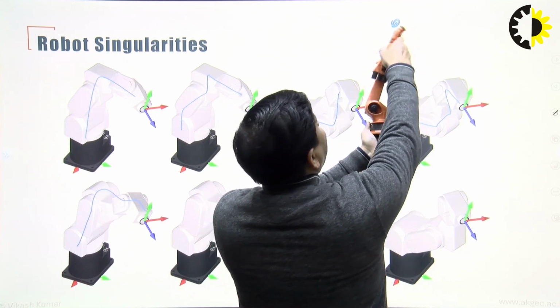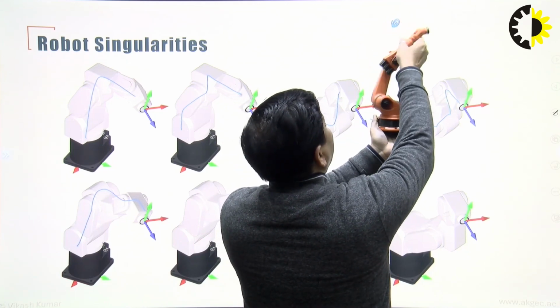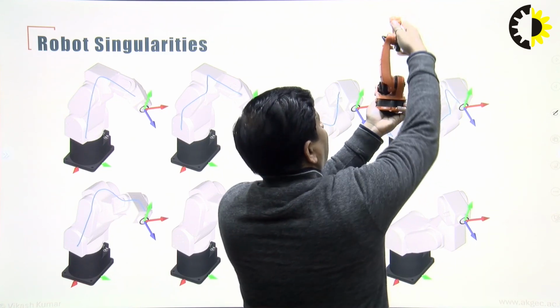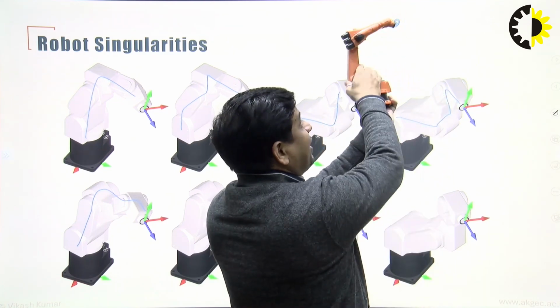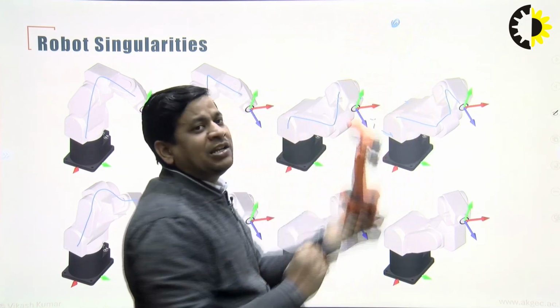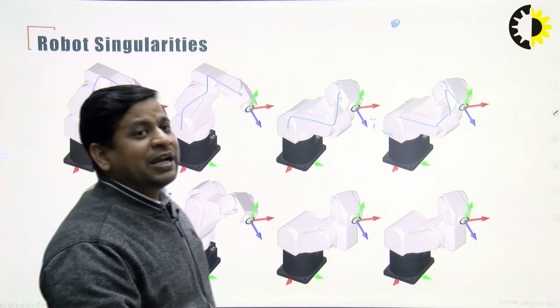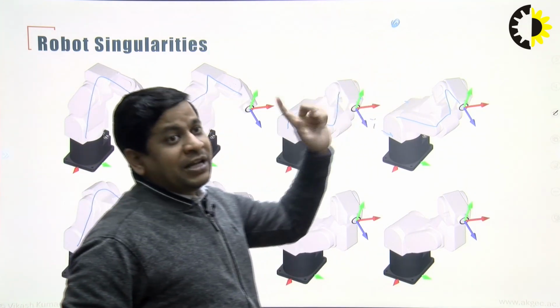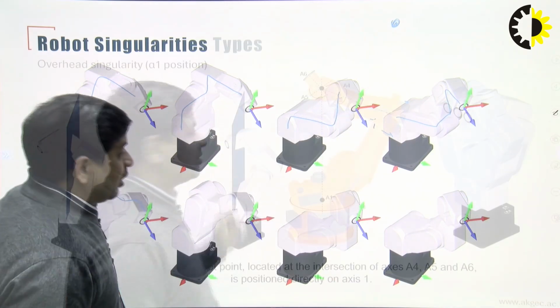So I can go like this, I can even go like this, I can go like this. So this is one position and this is another position where the joint angle is changing, but we are targeting the same position, with a different joint configuration.